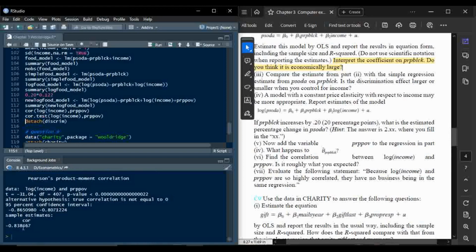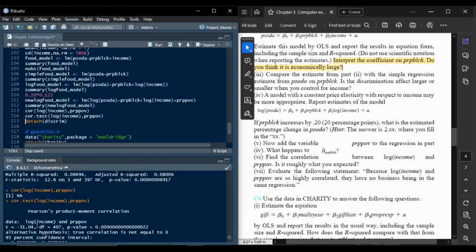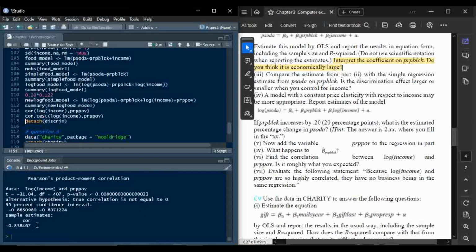So this is our correlation value, minus 0.838. It is almost equivalent to minus 0.84, and it makes sense because poverty rates are determined by income. So yes, this is the value which we might have expected.